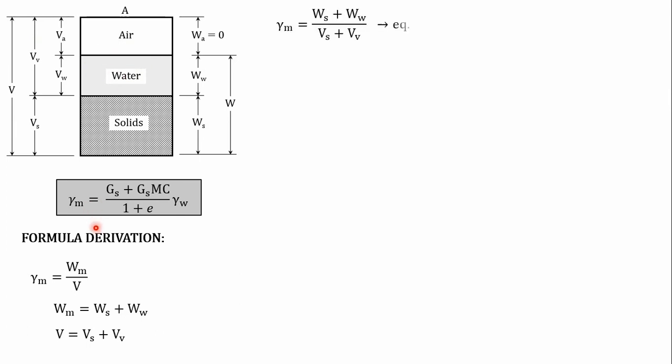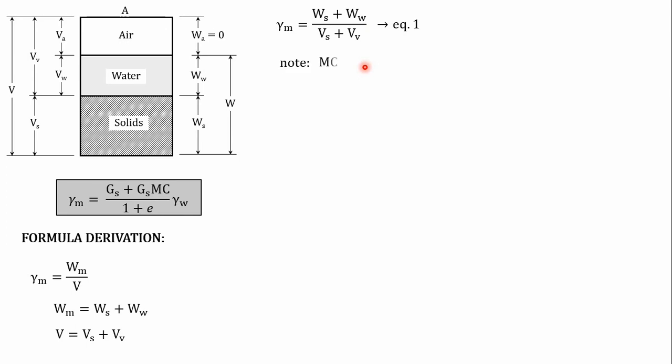So, we substitute it. Moist unit weight is equal to weight of solids plus weight of water divided by Vs plus Vv. Let this be equation number 1.